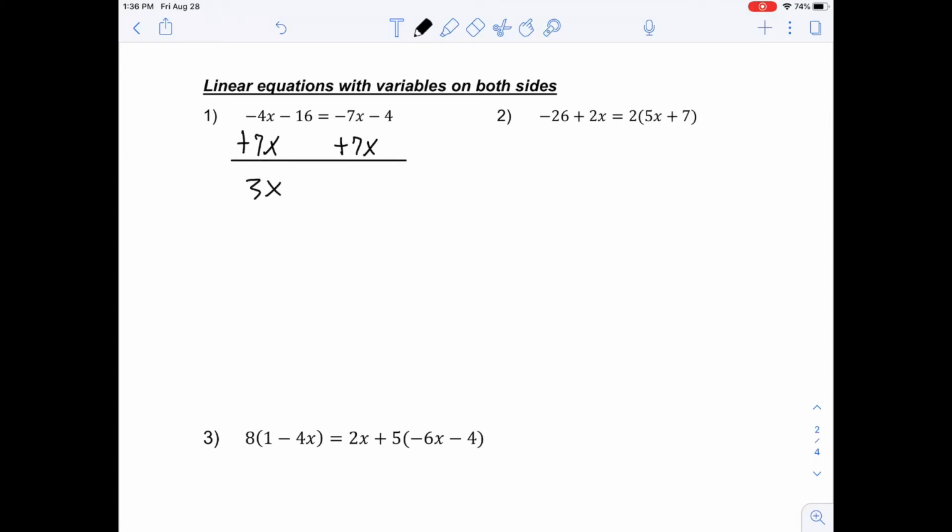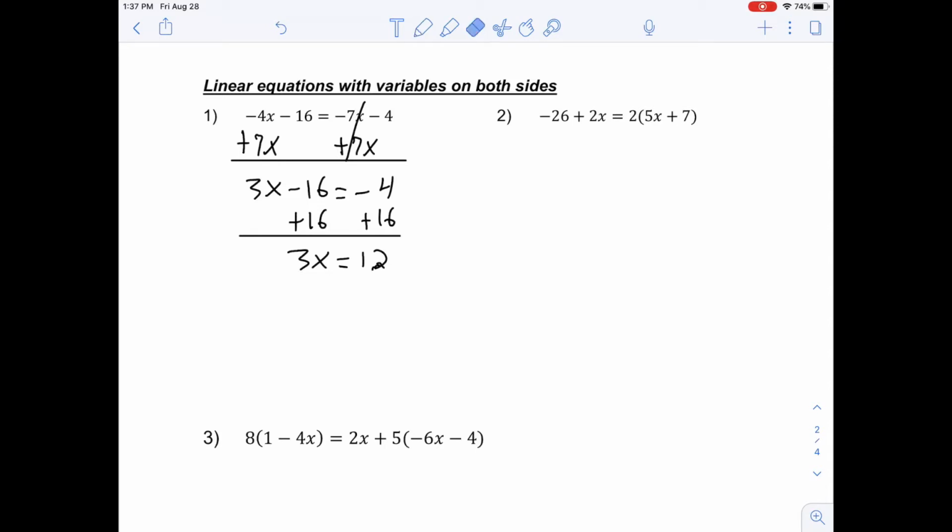So then this is going to give me 3x minus 16 is equal to negative 4. So now I'm back to just a two-step with the variable on one side, so I can go ahead and add 16. And then that will give me 3x is equal to 12.